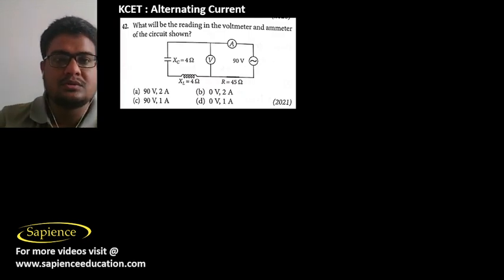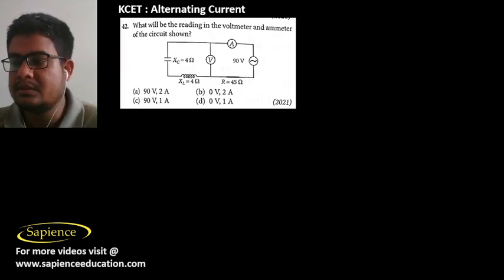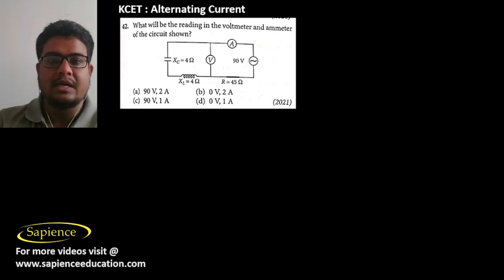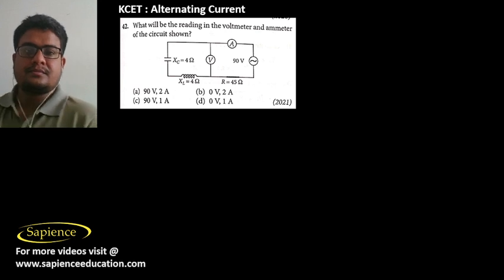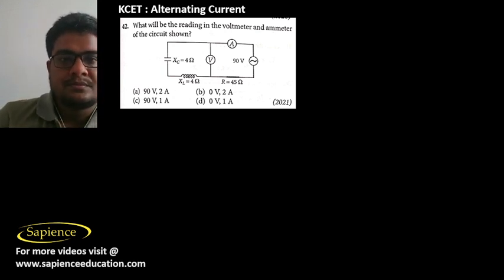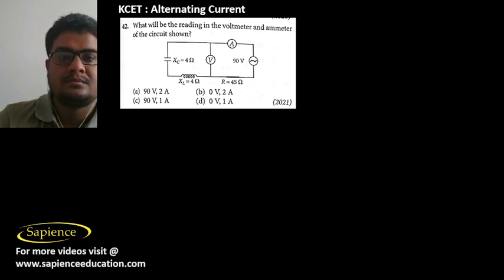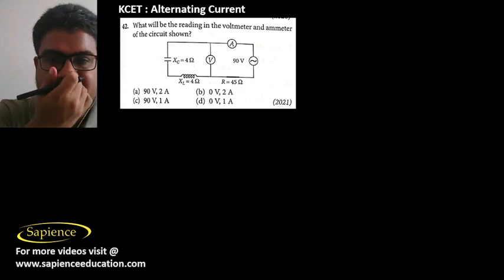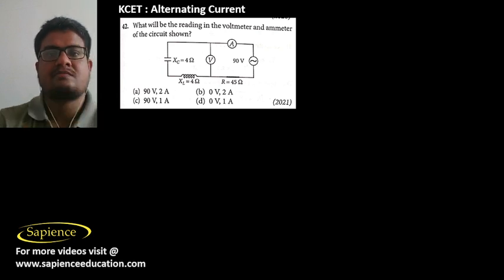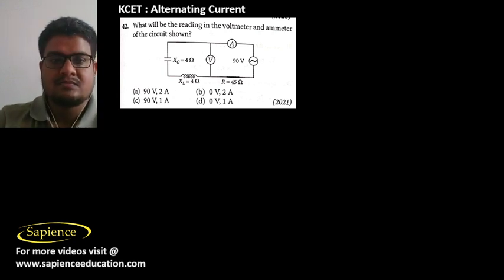Question number 42: what will be the reading of the voltmeter and ammeter shown. Here we have a resistance of 45 ohm.